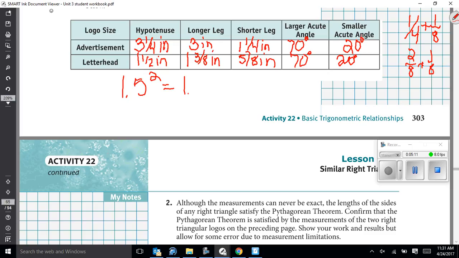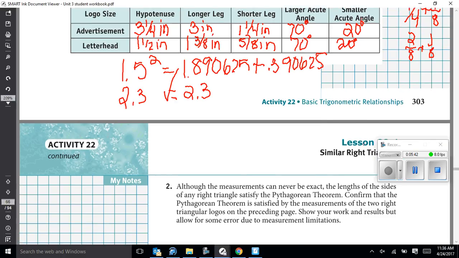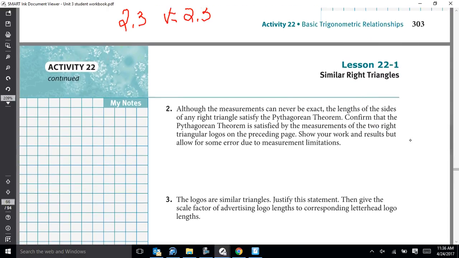I think this one seems a little bit long. Rounding to tenths, does it match? Do we have equal sides? Yeah, so it checks out, and we're good. So when in doubt, round to your benefit.